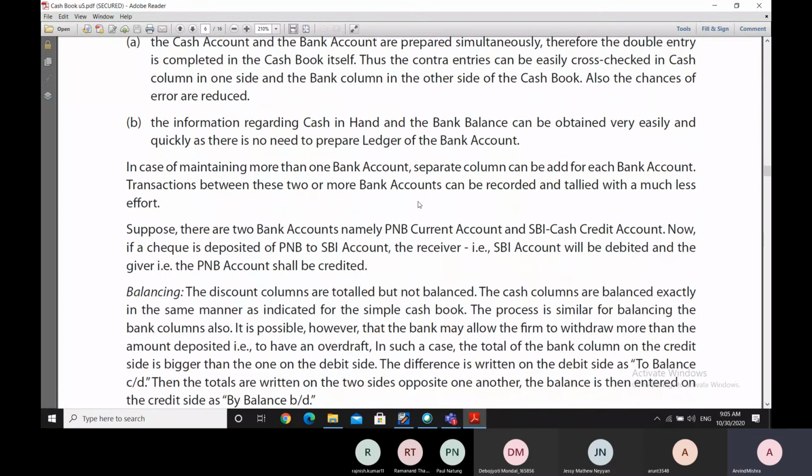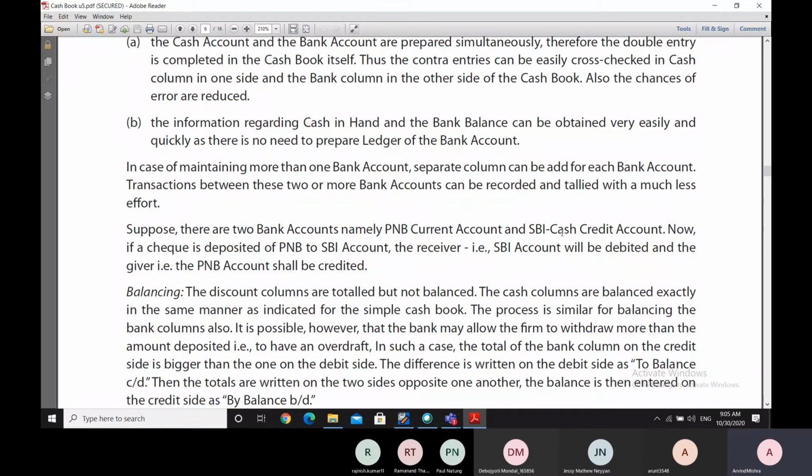Now, what would happen in case we are having more than one bank account? In that case, we'll have a separate column for every bank account in the cash book. And if you make any transaction between two or more bank accounts, then it becomes very convenient because we can record them and tally them with much less effort. Now, supposing there are two bank accounts, one is a PNB current account and another is the SBI cash credit account.